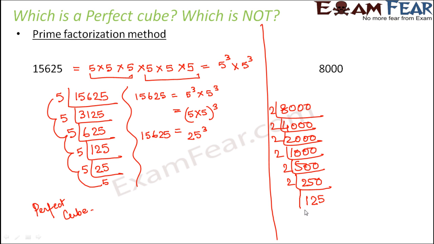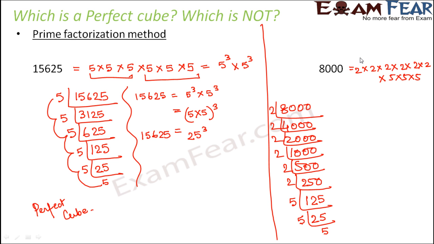Then we continue dividing by 2 until we are left with 125, which is divided by 5 thrice. So 8000 can be written as 6 times 2, that is 2 into 2 into 2 into 2 into 2 into 2, and 3 times 5, so 5 into 5 into 5.